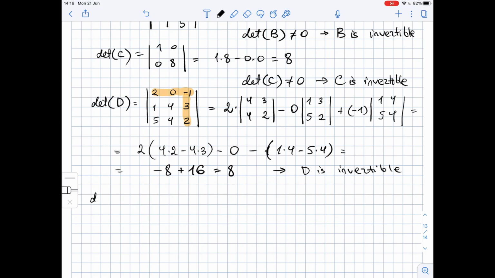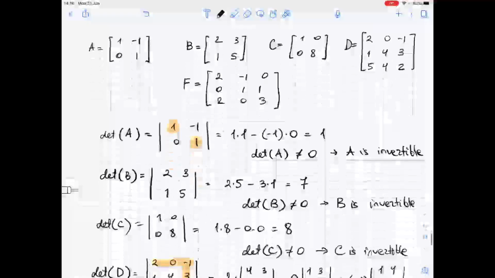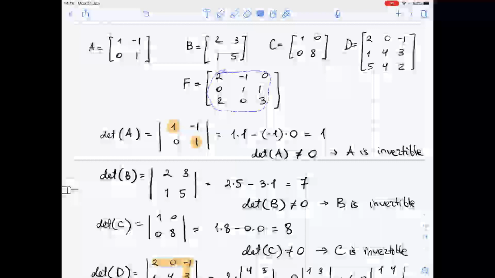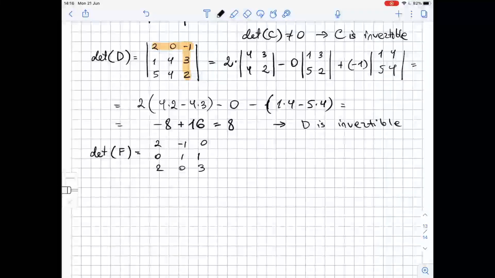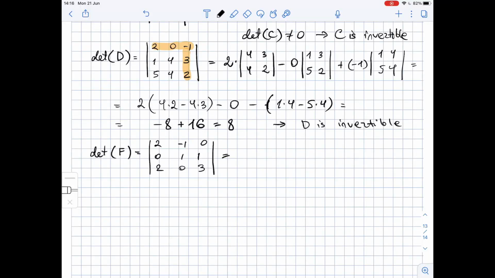And finally, the determinant of matrix F equals, let me copy paste matrix F. So the determinant of matrix F, again we will use the expansion of the first row.